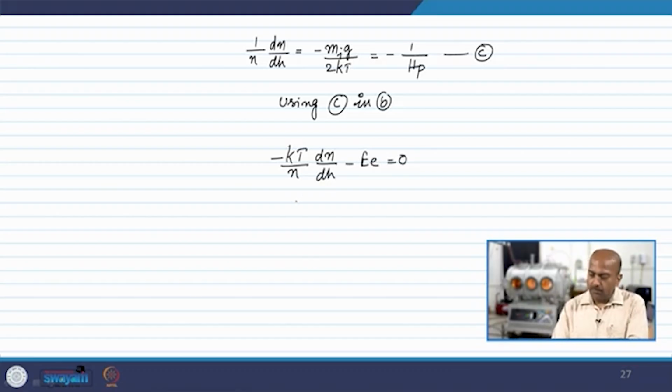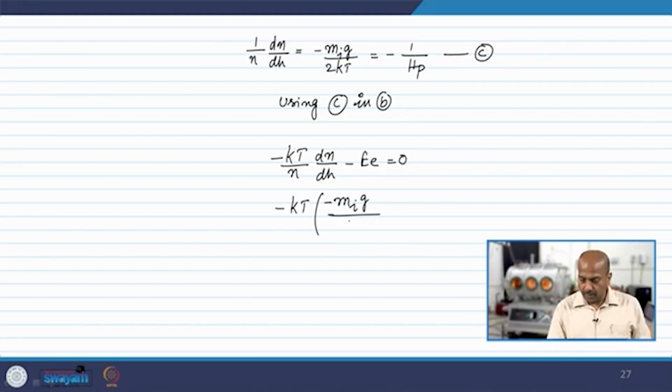So, P is equal to nkT, where n is the number of particles per unit volume, and E is the electric field, so we can write minus kBT times 1 by n dn by dh is equal to Mig by 2 kT, which is equal to eE. So, what have I done?